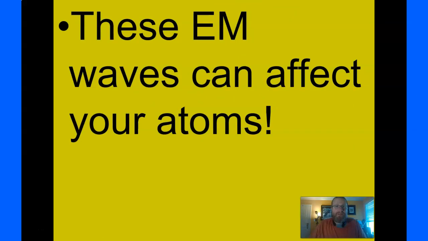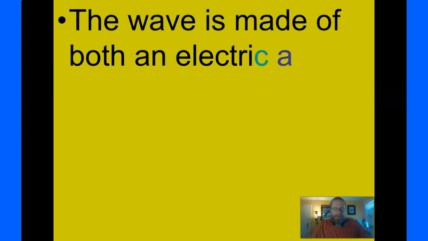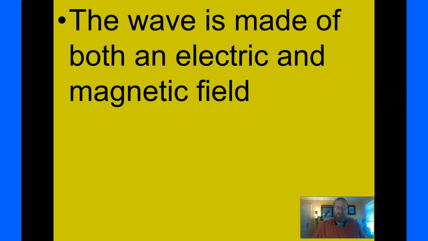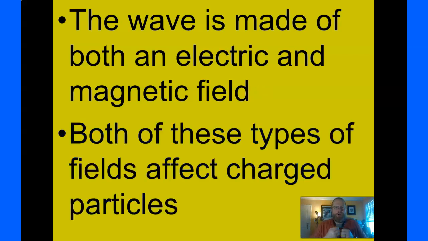These electromagnetic waves can affect your atoms too. Now I'm going to explain to you how EM waves affect atoms. If you remember, there's both an electric field and a magnetic field in the wave. They're at right angles to each other. Both those types of fields affect charged particles.